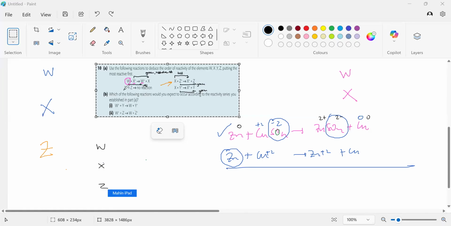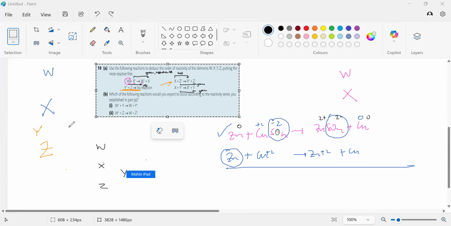Now, what can you tell from this? Will Z be able to displace Y? No. So who is more reactive? Y is above Z. That's the reason I told you to keep spaces, right? On the side you write.